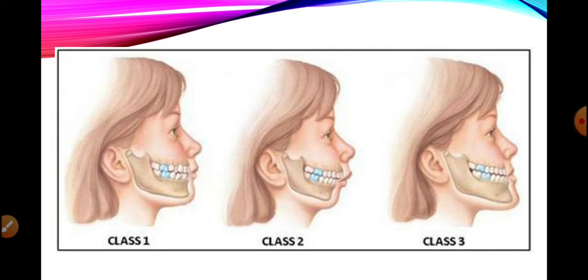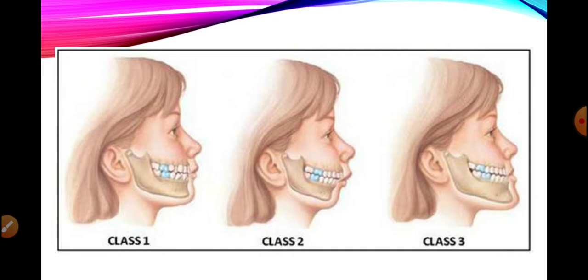So what can happen in cases of skeletal Class 2 presenting with a convex face? Either the maxilla is prognathic or the mandible is retrognathic, or both the maxilla is prognathic and the mandible is retrognathic. That leads towards skeletal Class 2.